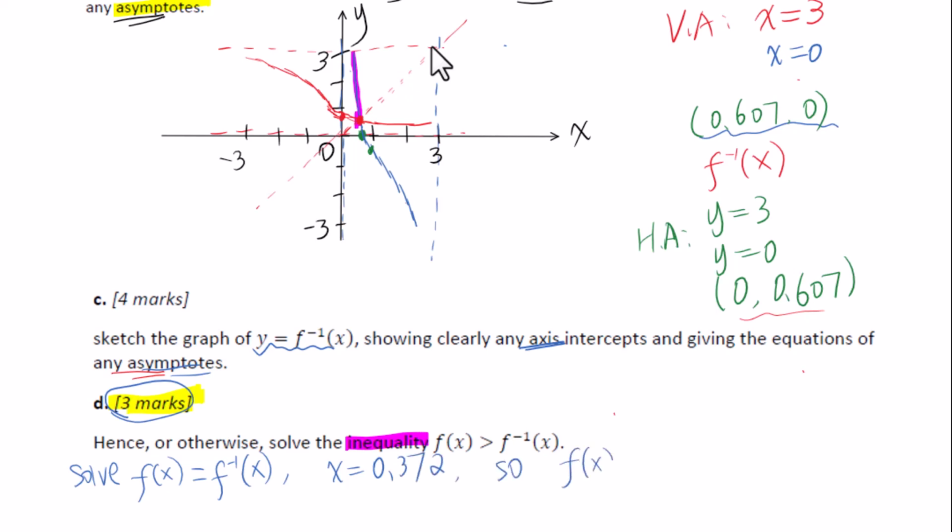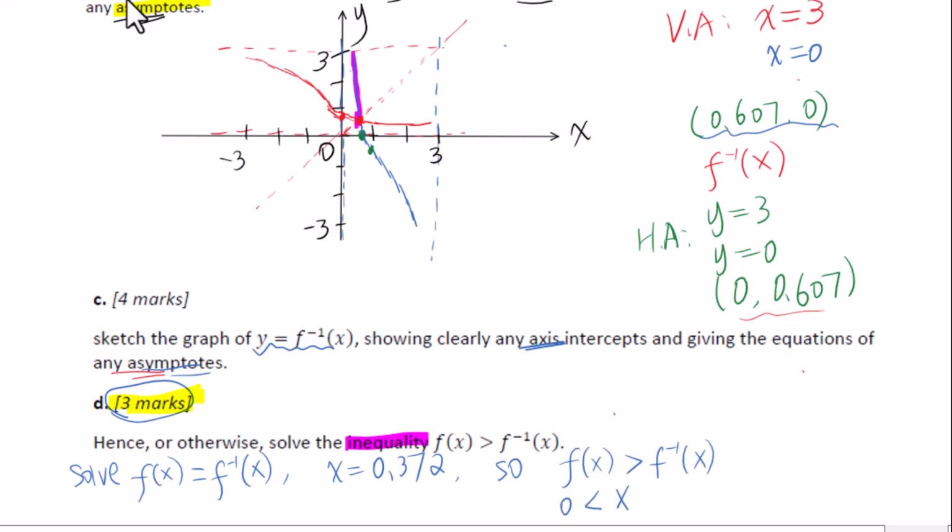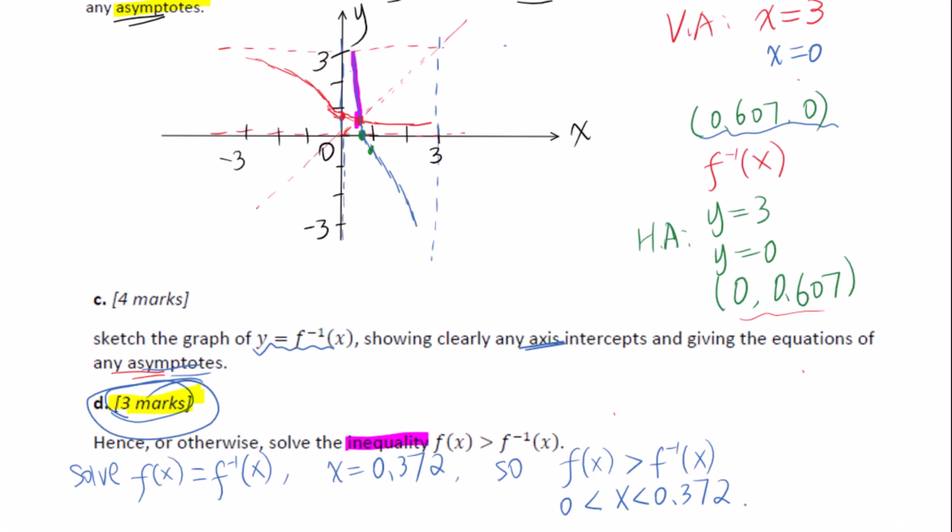F of x greater than inverse of f of x. The solution will be x greater than 0, less than 0.372. If for this question only 1 mark, you just need to show the solution. But if it's more than 1 mark, you need to show how you get the solution.